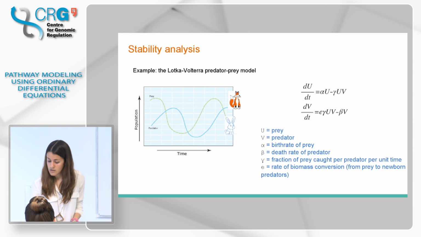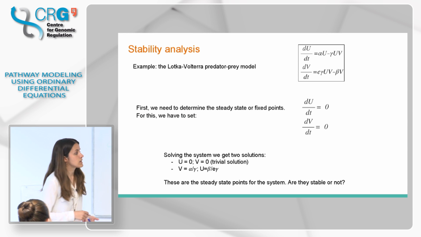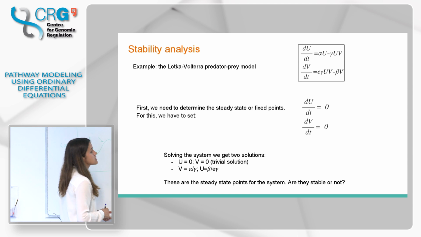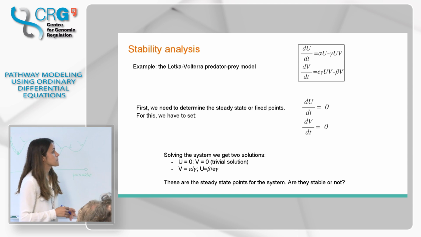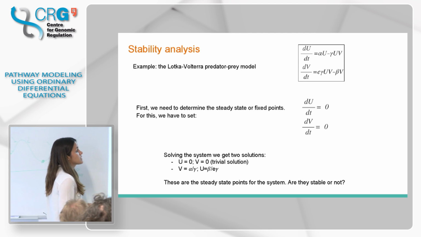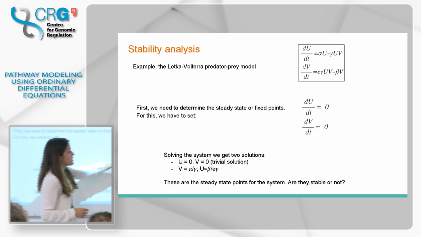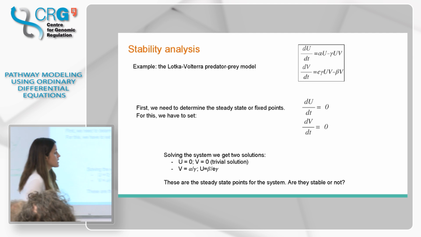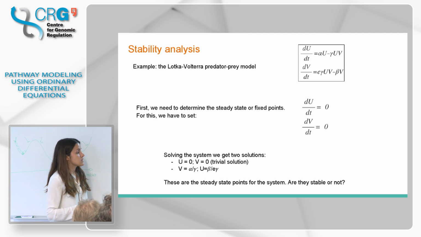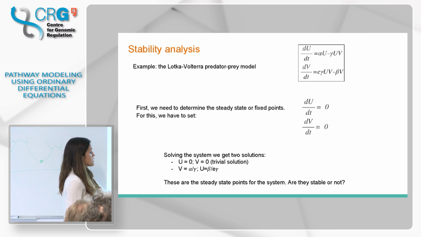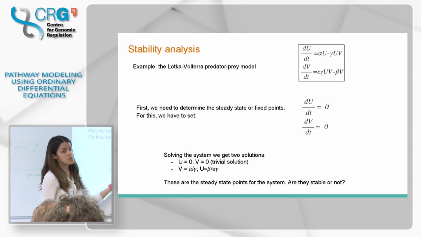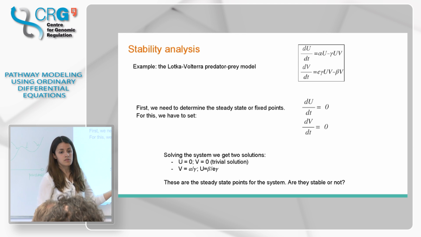In order to analyze what happens to the system, first we need to determine the steady state points. If we set these rates of change equal to 0, we find that there are two possible solutions for this system. First, that we have no prey or predator, which is a trivial solution: there's nobody in the ecosystem.